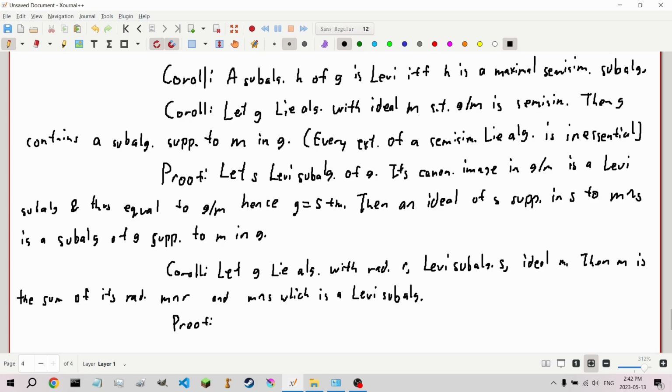Proof. We know that the intersection of M and S says is the radical of M. Oh, they mean R. This must be M intersection R. There's a lot of typos in this book too.